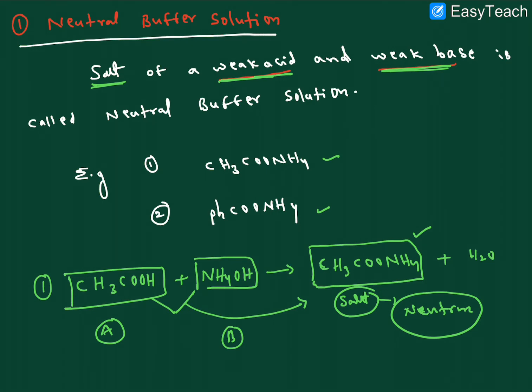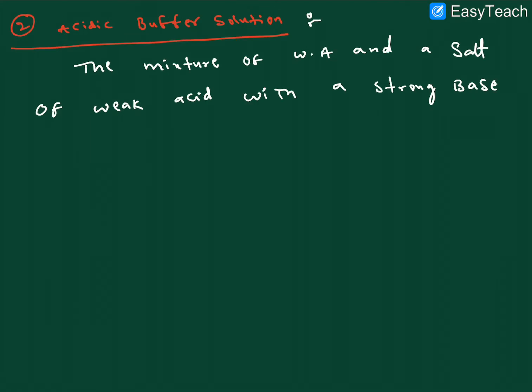Next one, the second one, is acidic buffer solutions, right? What is an acidic buffer solution? It's a very important point here. The mixture of a weak acid and a salt of that weak acid with a strong base. So first one is the weak acid.